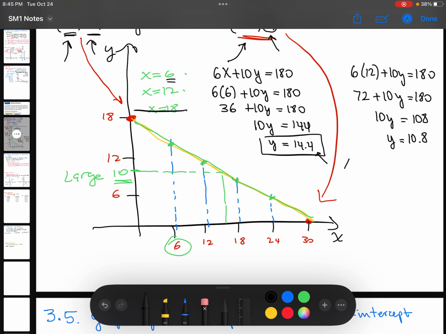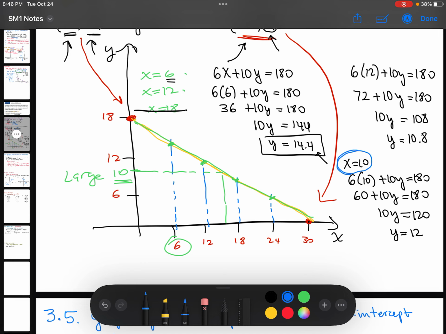Let's say when x equals 10, what do we get? 6 times 10 plus 10y equals 180. This is 60, and I think now this is going to work. 10y equals 120, which means y equals 12. I found one more solution. 10 small, 12 large. You see?